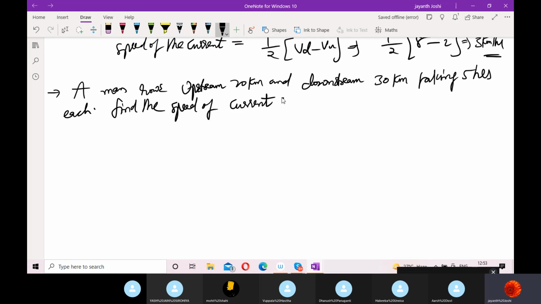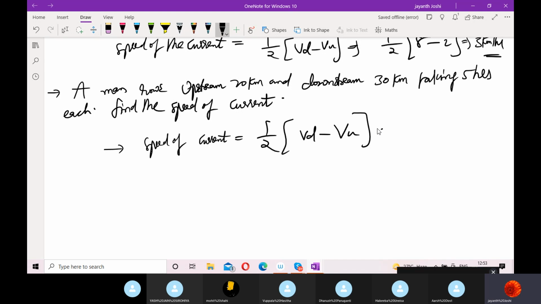Come on, do this question. And in fact, I am giving you the formula also, how to do this. Speed of current, what is the formula for speed of current? Half (Vd minus Vu). Come on, now you need to solve this. Just solve this.